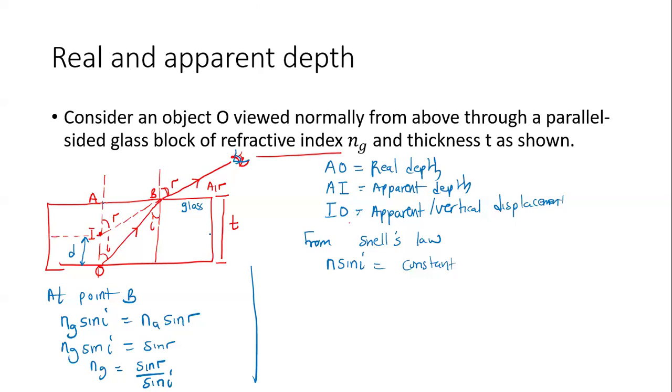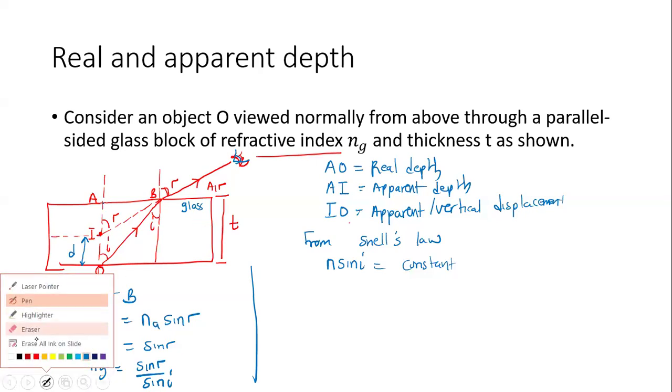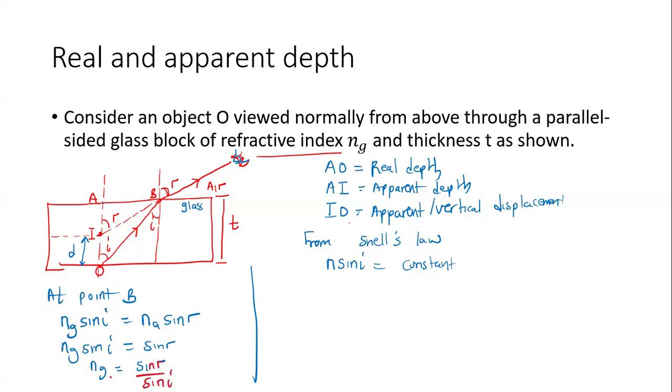Now, after obtaining that, we go back and ask ourselves what we can do. We have our refractive index in terms of sine i and sine r. So how can I obtain my sine r? How can I obtain my sine i?